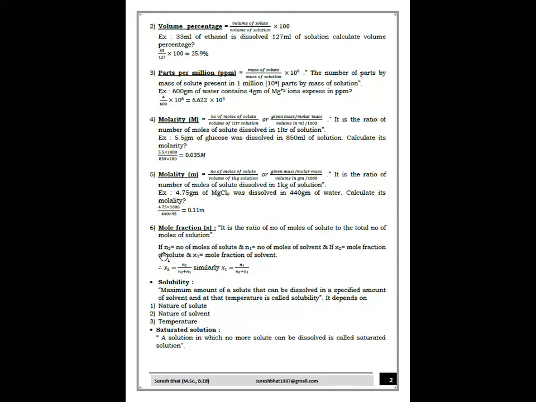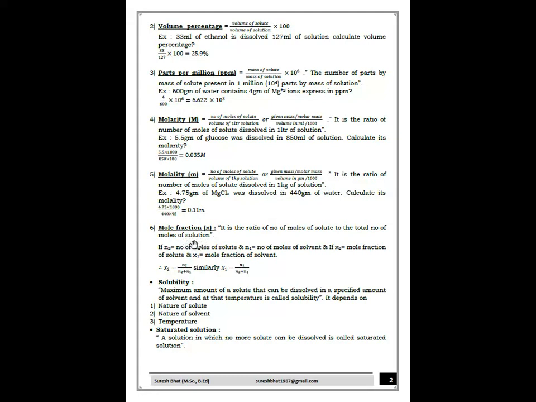So if N2 is the number of moles of solute and N1 is the number of moles of solvent, and chi 2 or mole fraction 2 is the mole fraction of solute, and mole fraction 1 is the mole fraction of solvent, then according to the definition, mole fraction of 2, here 2 represents the solute, so mole fraction of solute is equal to the number of moles of solute, N2, divided by the number of moles of solution.